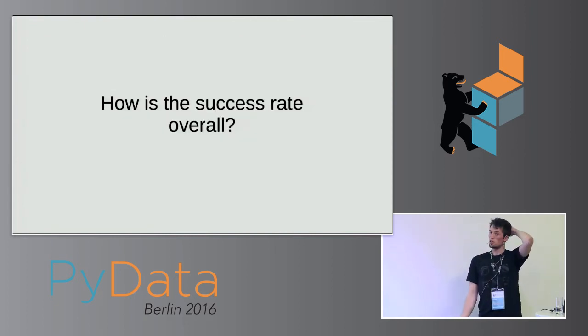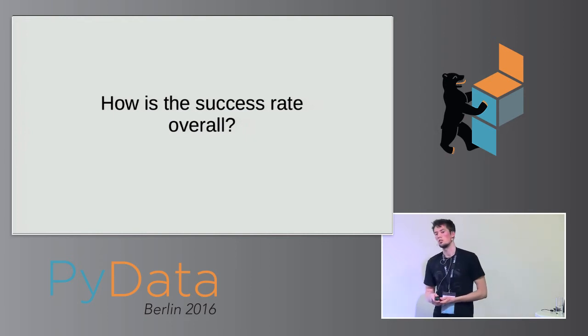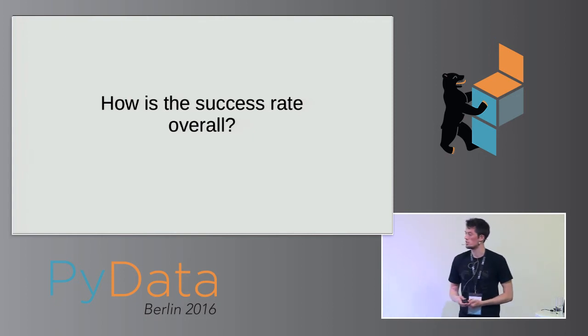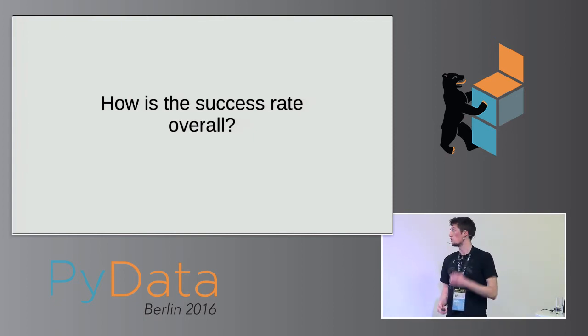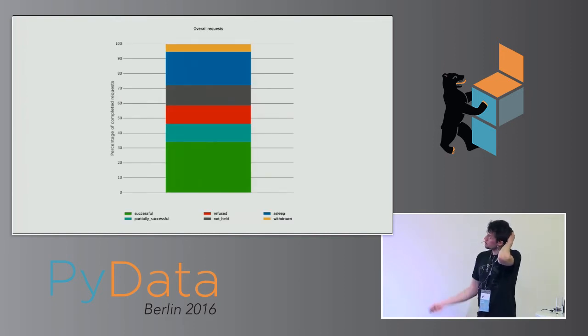So the next question was, are these requests in general successful? So how many requests are actually getting the information that they are asking for? Here I'm showing you the percentage on the y-axis, and you can see that about 50% of the requests were either successful or partially successful.